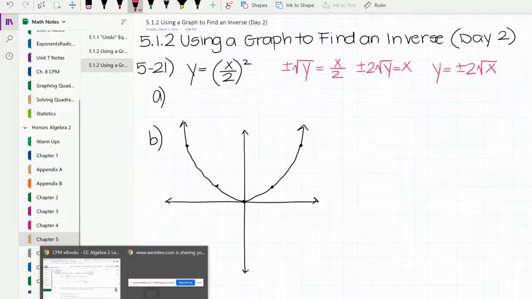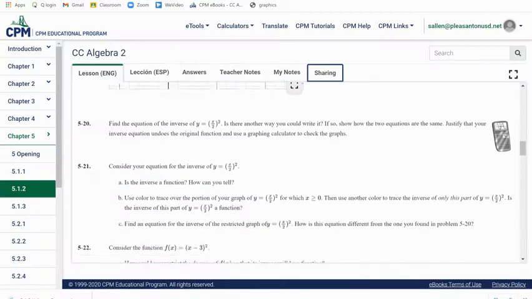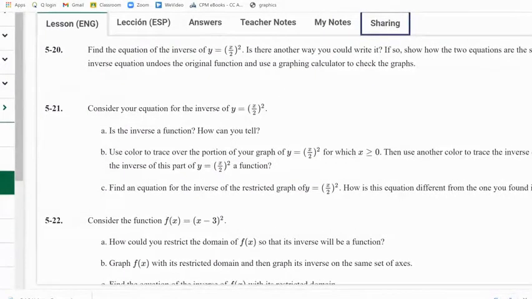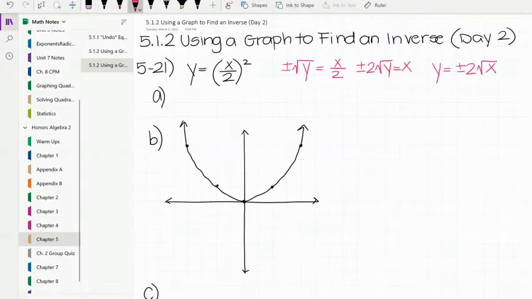So let's look at question 21. It says, consider your equation for the inverse, which is what we just found, y equals plus or minus 2 root x. Is the inverse a function? We can graph this pretty quickly, but just thinking about it, if we reflect a parabola across the line y equals x, it's going to be a sideways parabola.